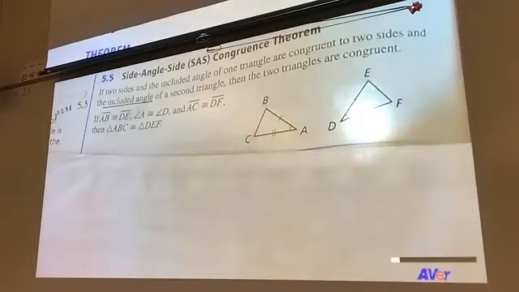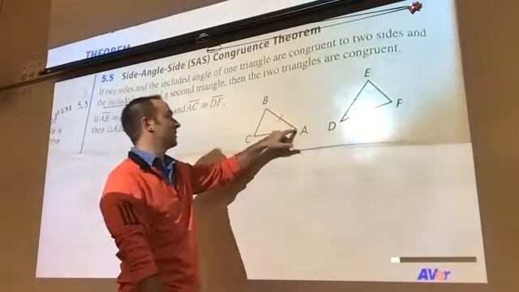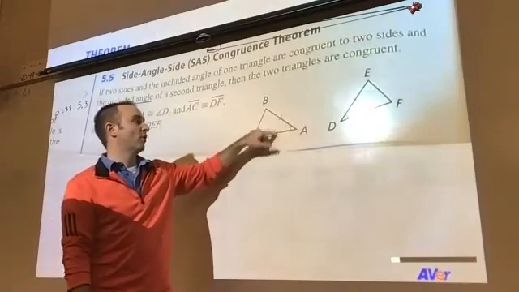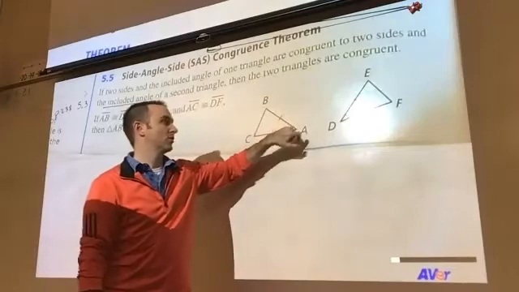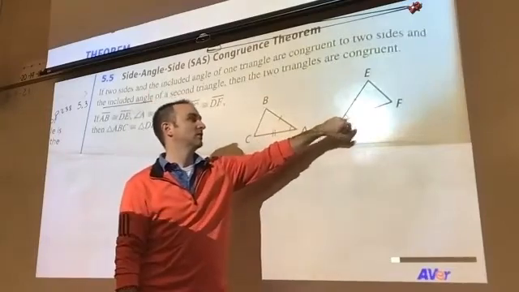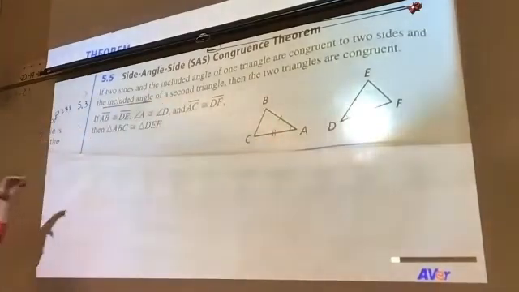So it's in between the 2 sides. Okay, that is the included angle. So you see here, angle A is the included angle because it's formed by these 2 sides that we know are congruent to these 2 sides. So the included angle is the one that's congruent. If it's not the included angle that's congruent, we cannot use SAS.